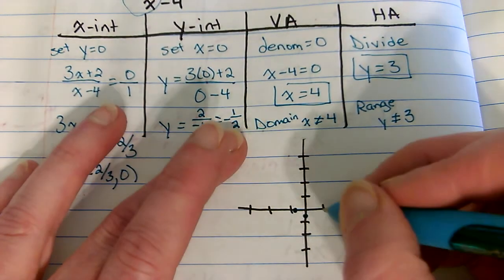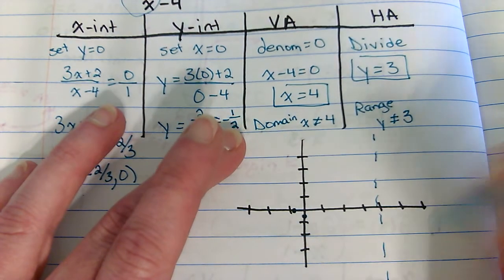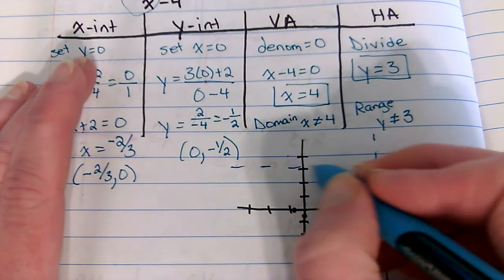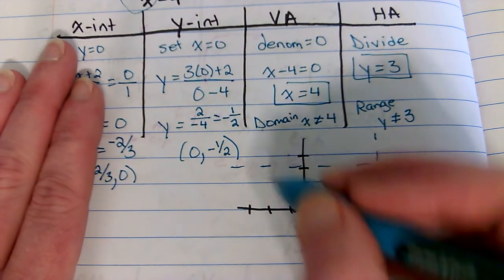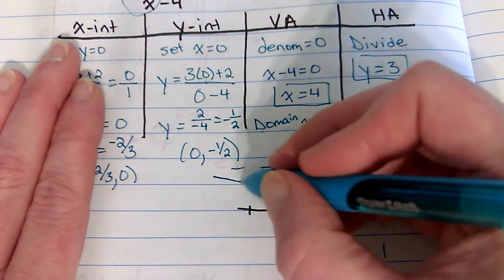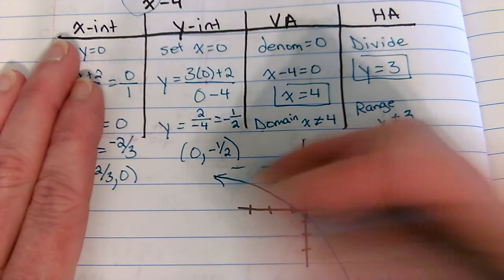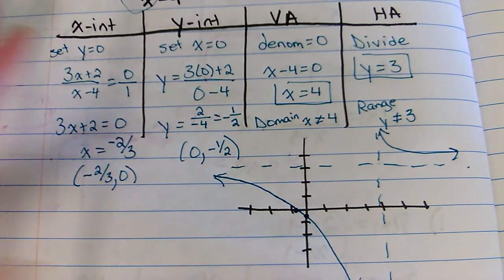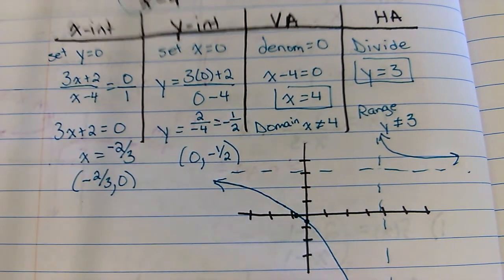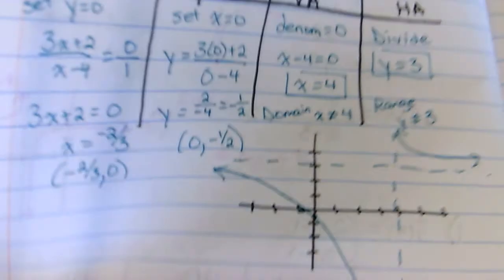Vertical asymptote at 4. 1, 2, 3, 4. Horizontal asymptote goes this way. So I know I got to go through those 2 points. And the other side is going to be catty-corner. Let's do a couple more.